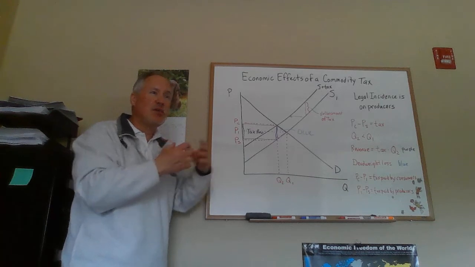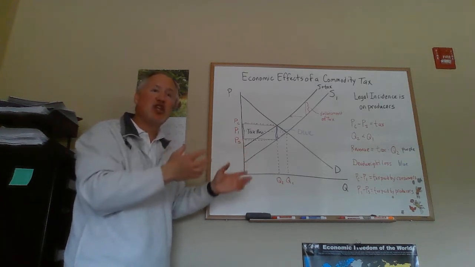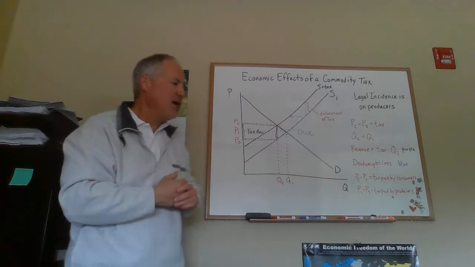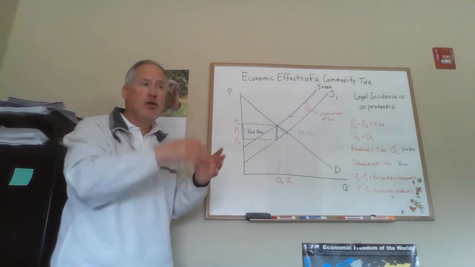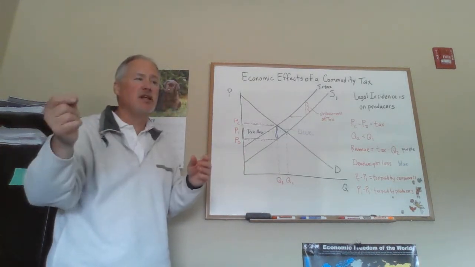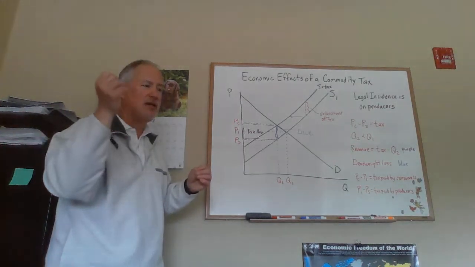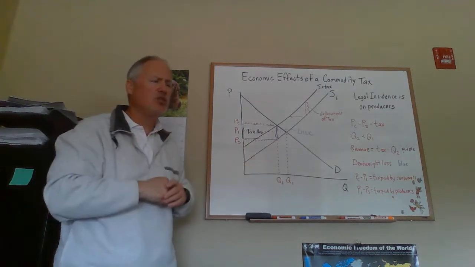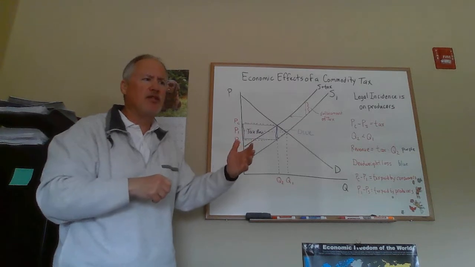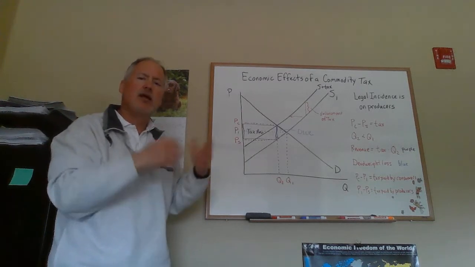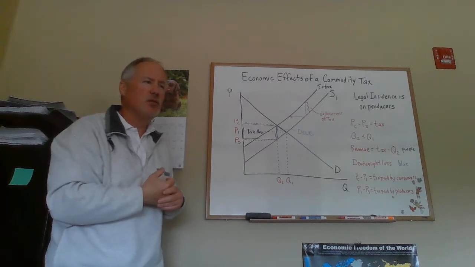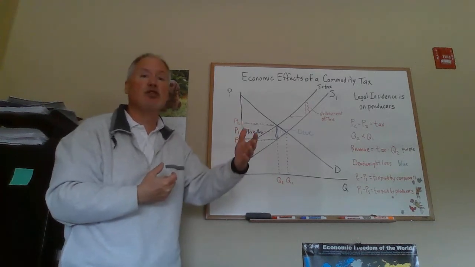In other words, suppliers were able to shift a part of the burden of this tax to consumers. Not all of it. You might think, if you put a 50-cent per gallon tax on gasoline, suppliers will just pass that on. If the price of gasoline previously was $3 and now you add 50 cents, the equilibrium price will be $3.50. Suppliers will just pass it on.